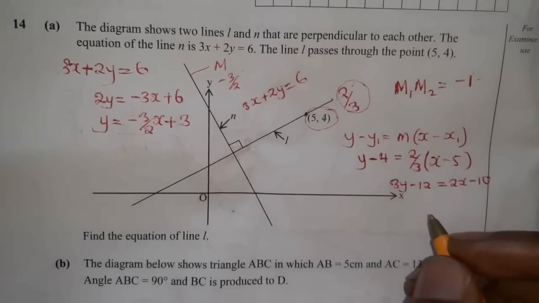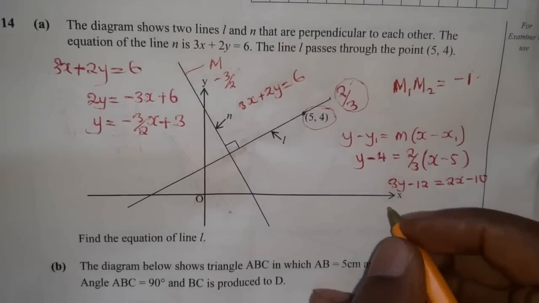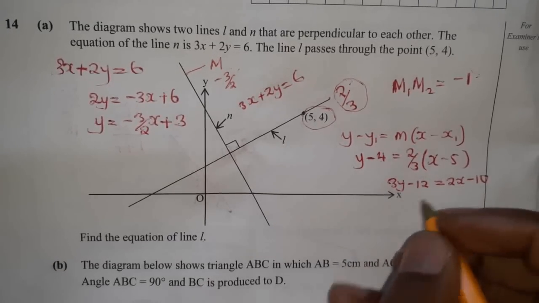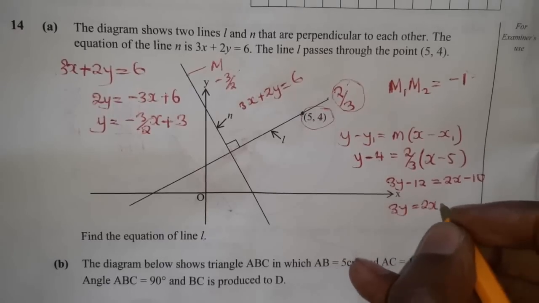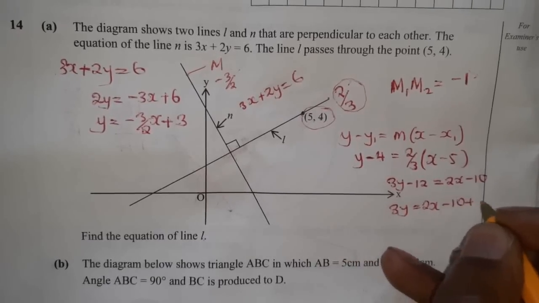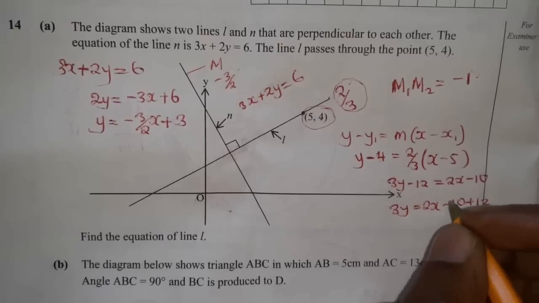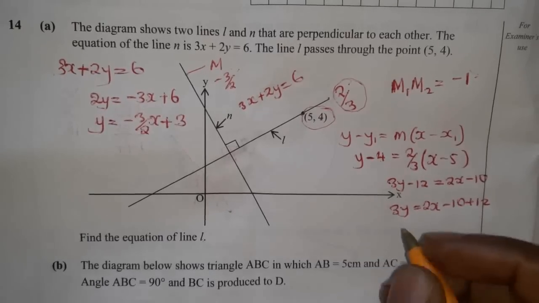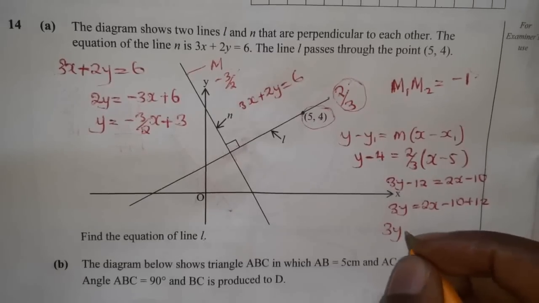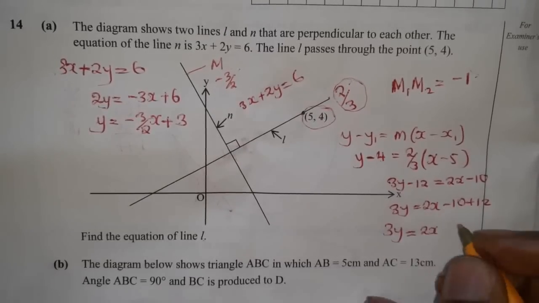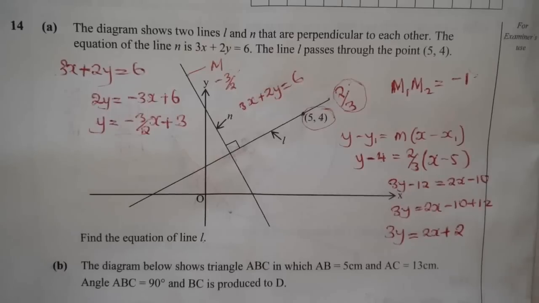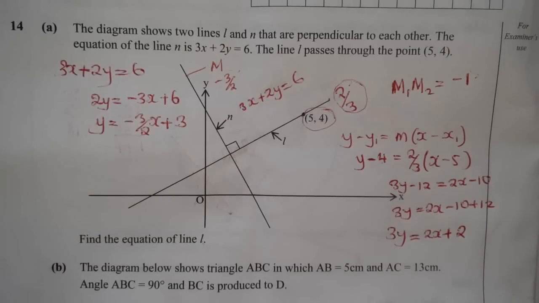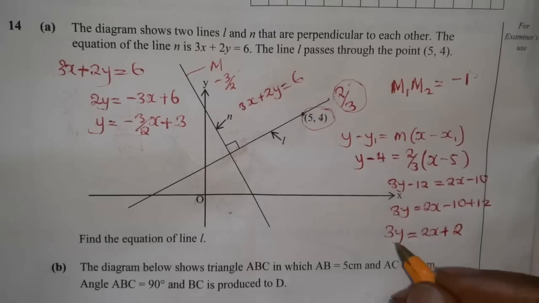So you put the terms together. We say 3y equals 2x minus 10 plus 12 when this one goes to the other side. So you have 3y equals 2x plus 2. Okay? This is the equation.